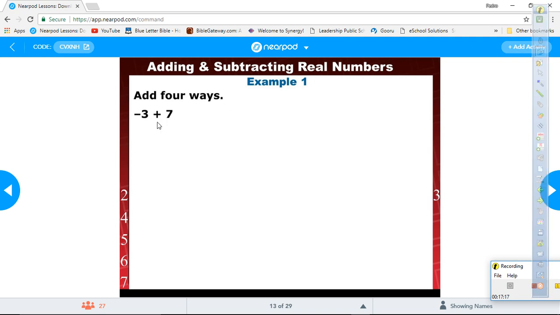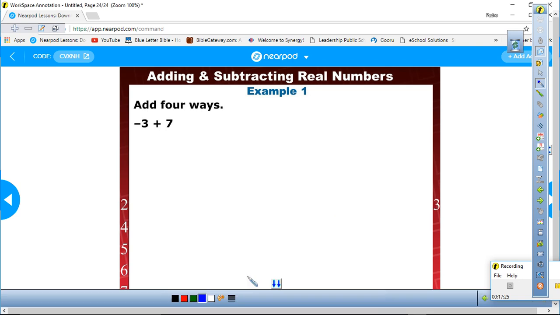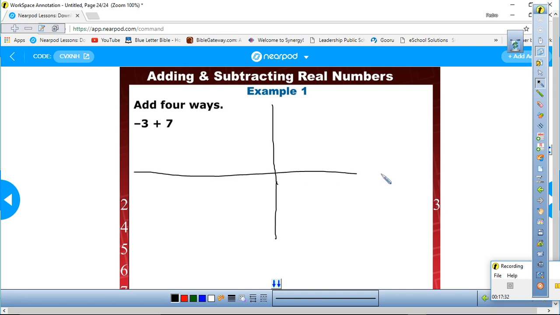Add 4 ways, negative 3 plus 7. Once you copy that, draw a line down like so, a line across like so. And now we have 4 quadrants for all 4 different ways, okay?